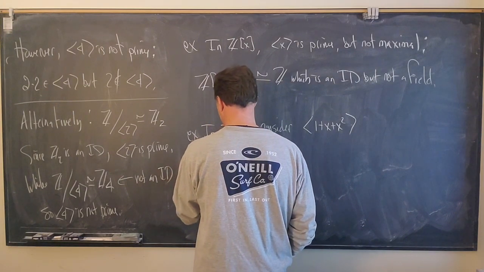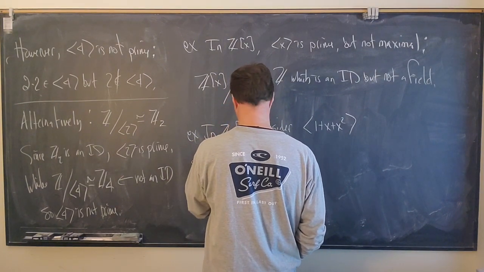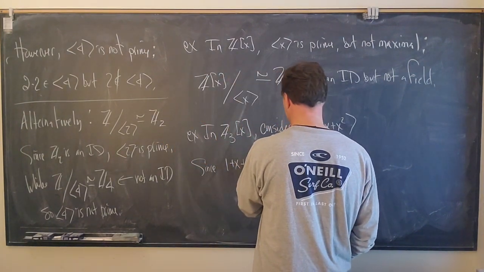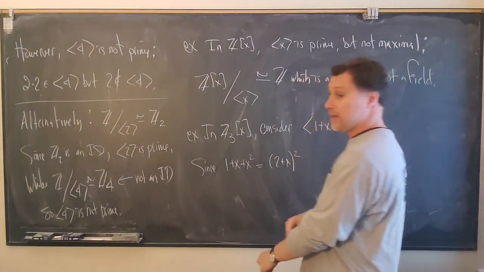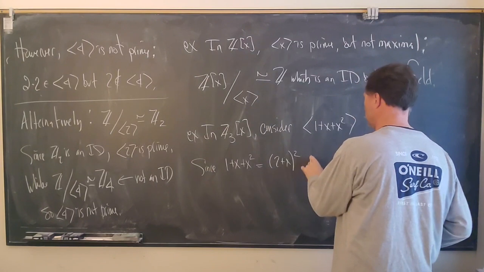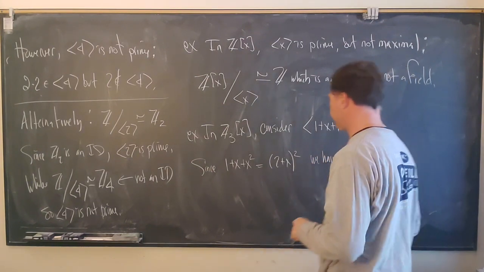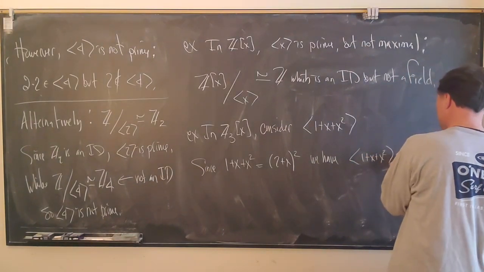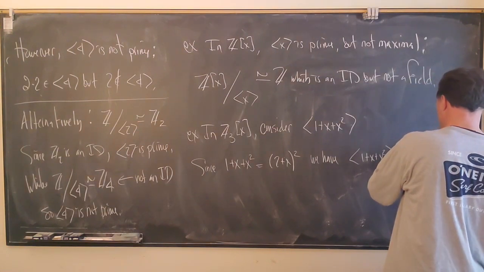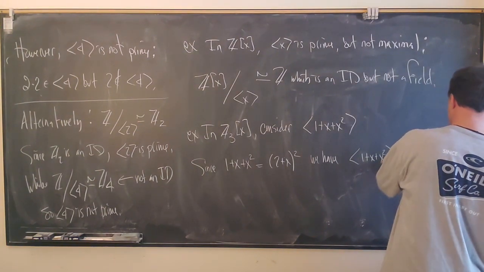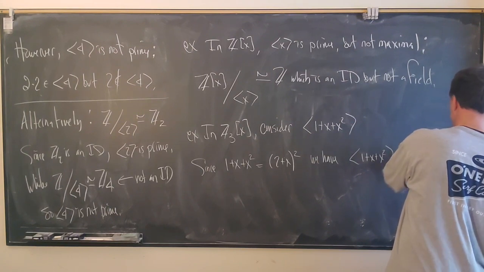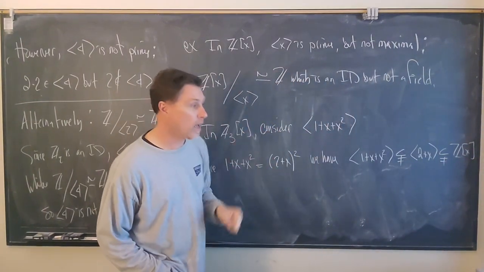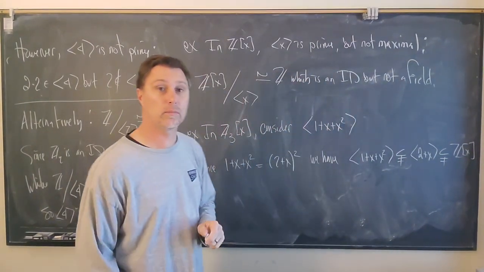Since 1 plus x squared is equal to (2 plus x) quantity squared in Z3[x], we have the ideal generated by 1 plus x squared is properly contained in the ideal generated by 2 plus x, which is properly contained in Z3[x]. So that tells us that this ideal right here is not maximal.